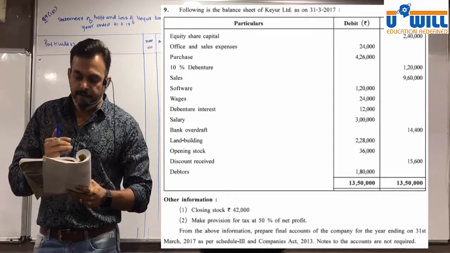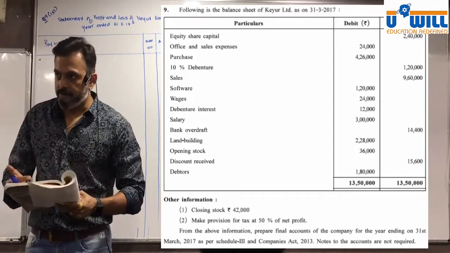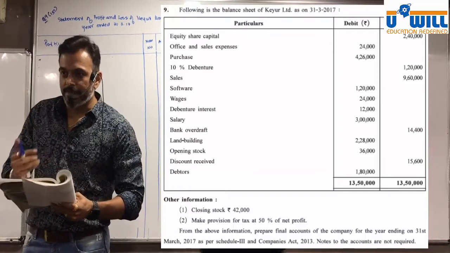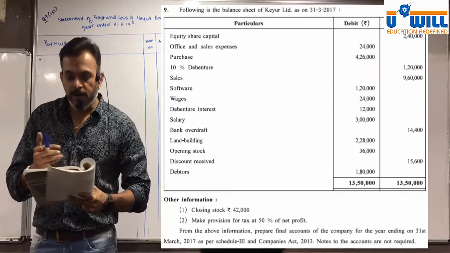Then 10% debenture, long-term borrowing, non-current. Non-current liabilities: long-term borrowing is 10% debenture.